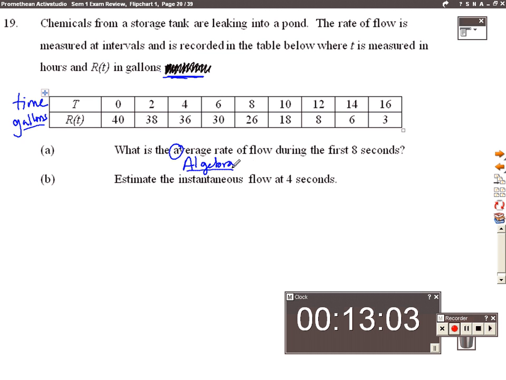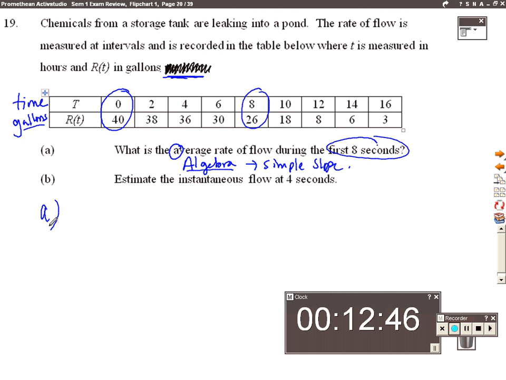In other words, it tells me to use simple slope, and I'm really looking at the slope of the secant line for the first 8 seconds. So I'm going to consider the initial amount that was leaking out and the amount leaking out at 8 seconds.